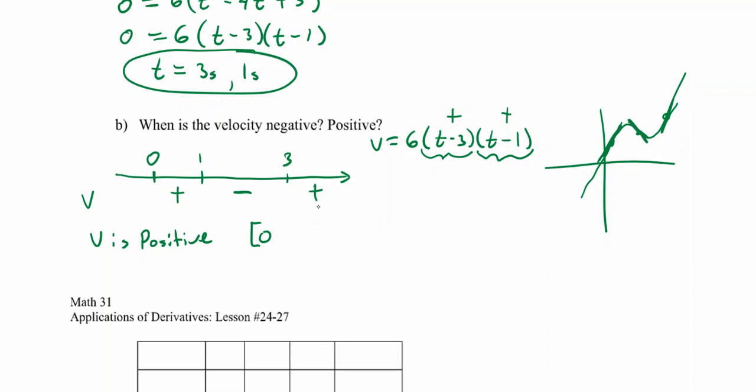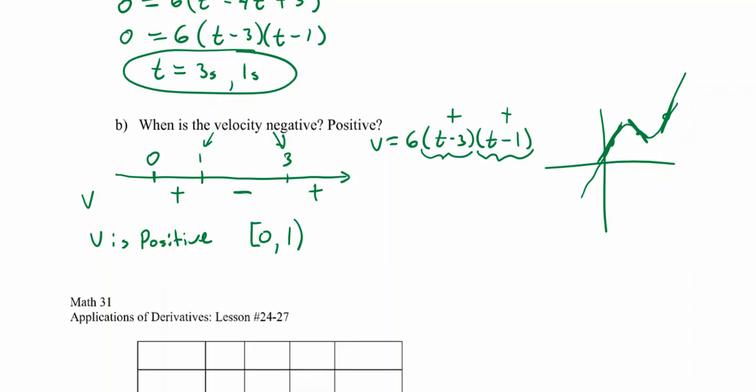So from 0 to 1, but not including 1, because at 1 it stopped. Those are our two points where the thing stopped moving. It's at rest at 1 and 3, so it doesn't include those. It doesn't have a positive velocity because it's not moving at all at that point.